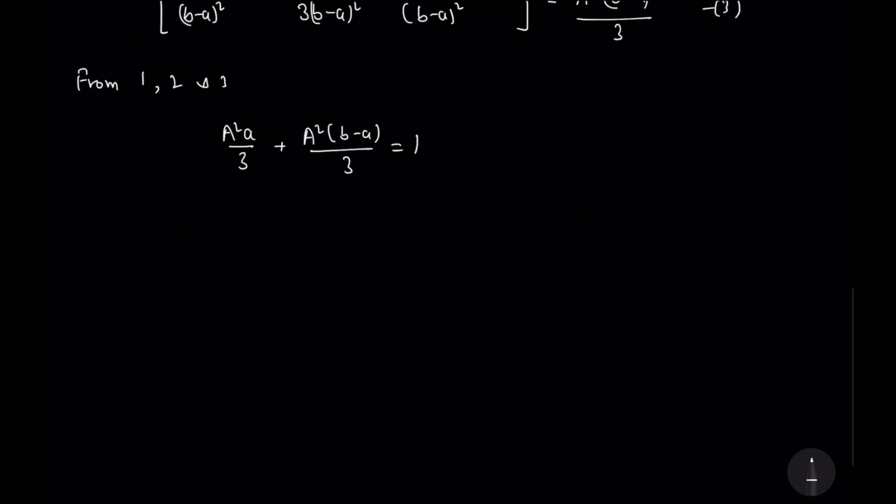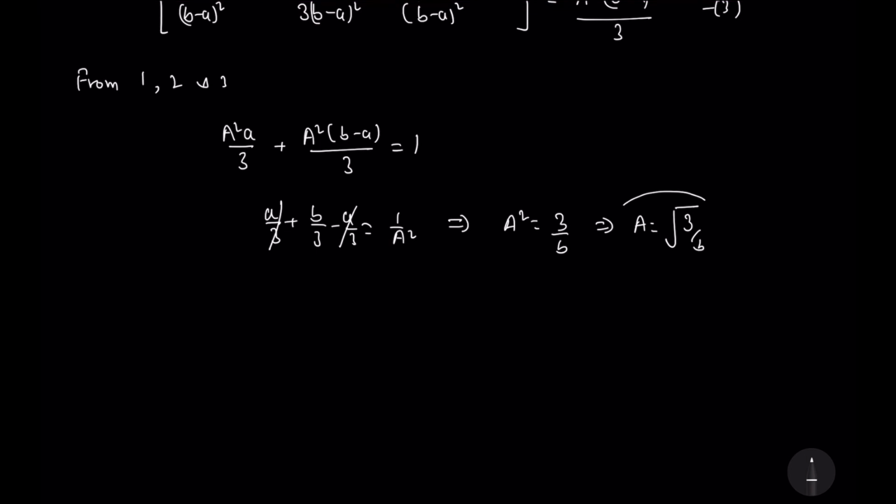It goes like a upon 3 plus b upon 3 minus a upon 3 equals 1 upon a squared. The two terms cancel out, which implies that a squared equals 3 upon b, so a equals the root of 3 upon b.